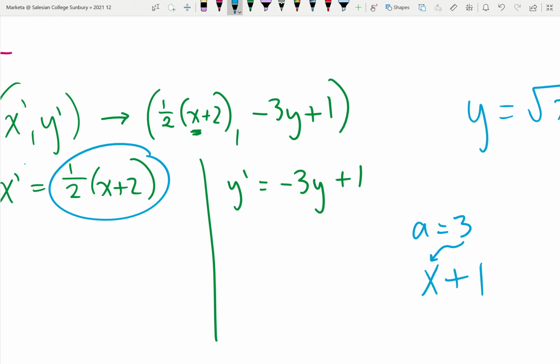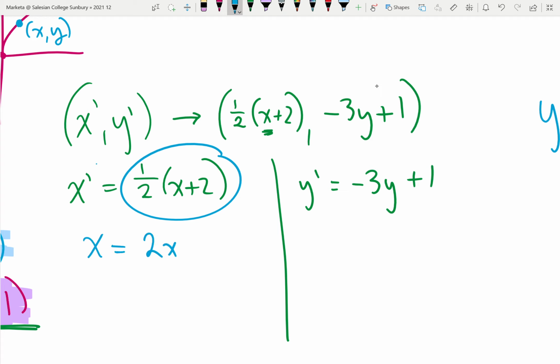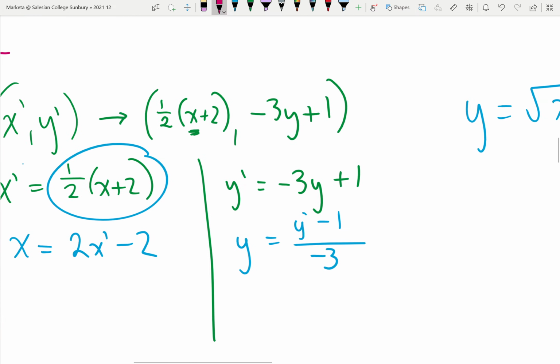That would be silly, because a is not x. By the same token, y is not y image and x is not x image. So what we need to do is rearrange. I get x equals 2x image minus 2, and y equals (y image minus 1) over negative 3. I'm going to leave that negative down the bottom there. That works just fine. Now I'm going to sub it in, and I'll get my final equation.